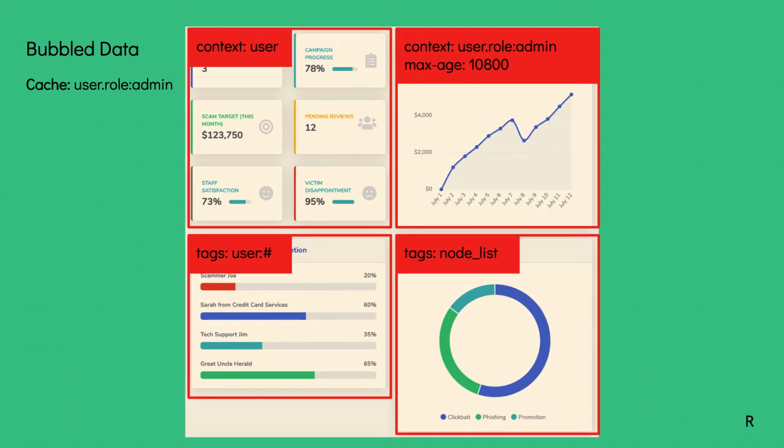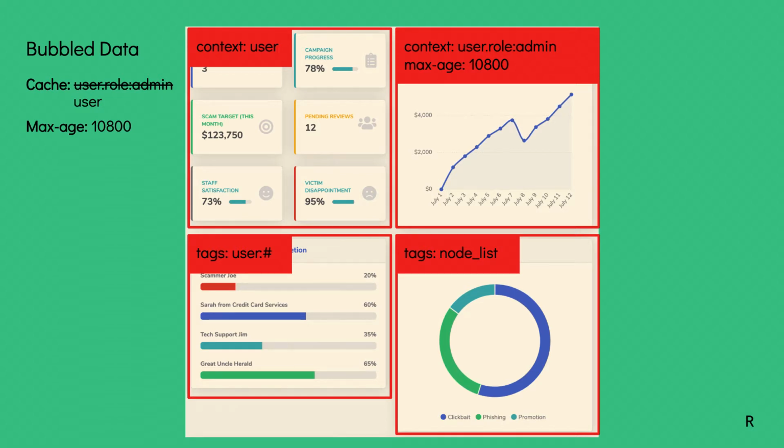Would it be user role admin, since that's most specific? That's actually not going to be the case, because it needs to know what the item with the most variations is going to be, so that we don't have any overlap. So it takes the highest level context. So the cache context is going to be user.